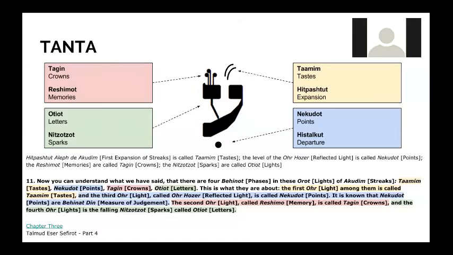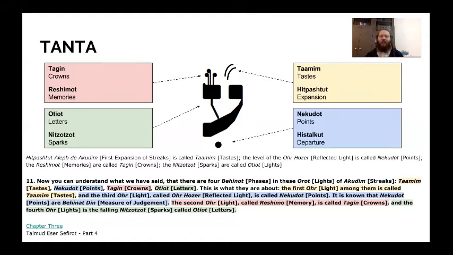So the idea is that as the screen is being purified, there's reflected light in the phase above it. And then the reflected light tries to go down below the Tabur, right? Like in the end, the Sof. So there's reflected light there. That reflected light then clashes with the memories which are in the vessel from the previous purification.